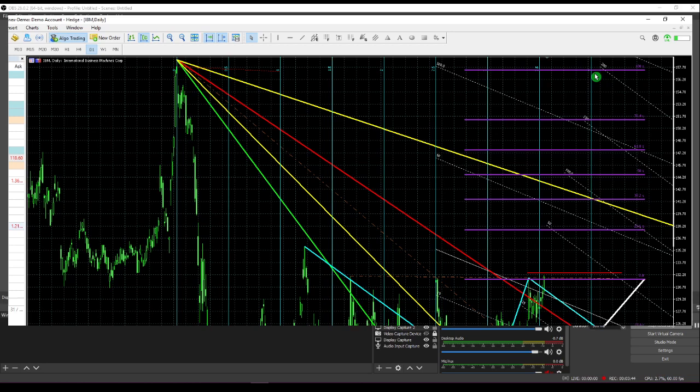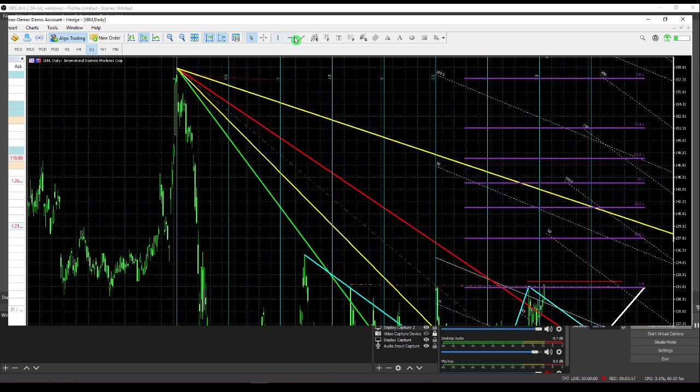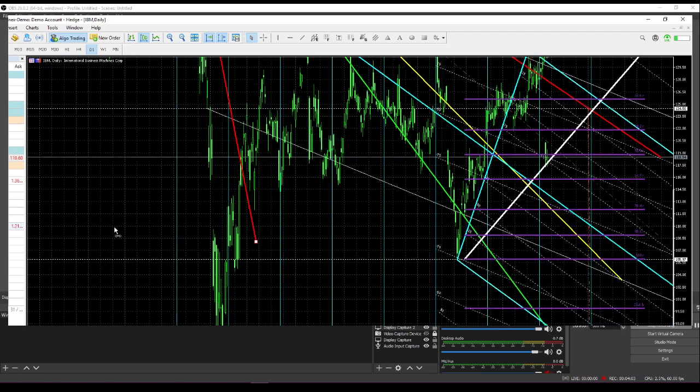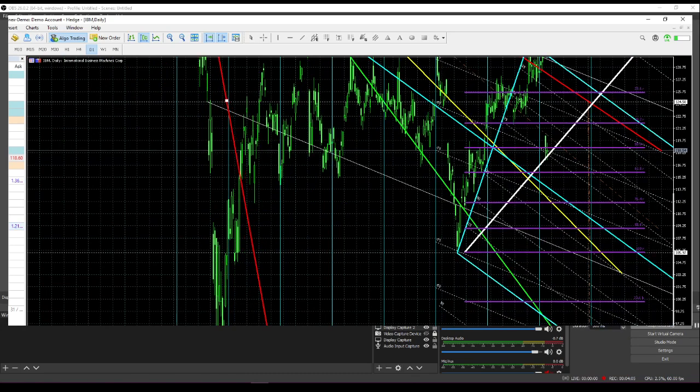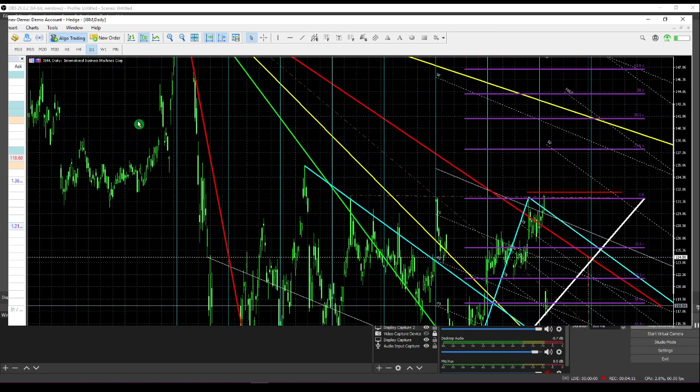Now what's really interesting here is that we can then draw a number of diagonals. We could draw a diagonal directly from the 0 down to the 1. That would look like this, but I felt that was a very steep line to draw, but we can do that, and if we go down to the low here, that would be a valid Gann square type line.